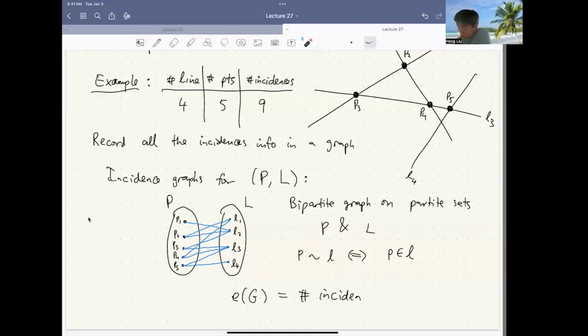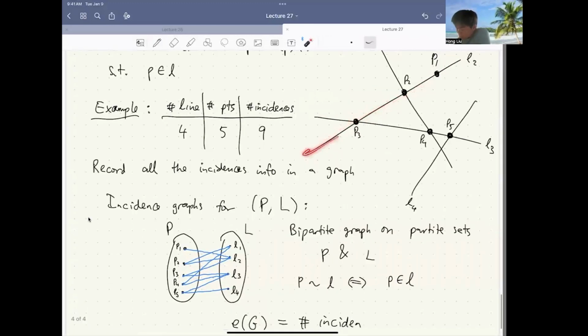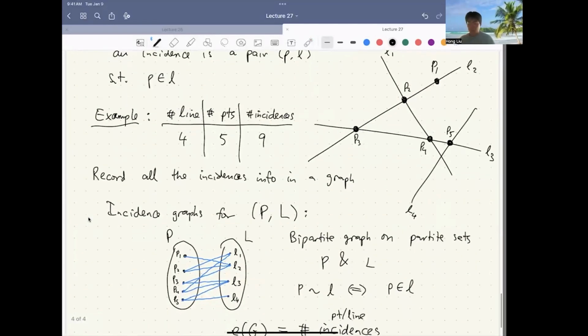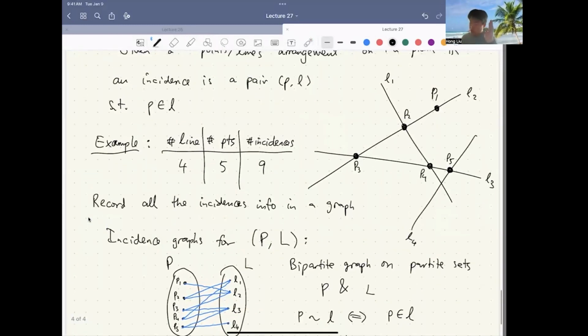Whenever you have an incidence, for example P3 lies on L2, you have an edge. The number of edges in this graph is the number of point-line incidences. So now we're going to focus on the special family of bipartite graphs that are incidence graphs of points and lines in the plane.